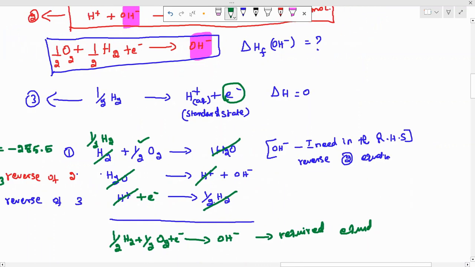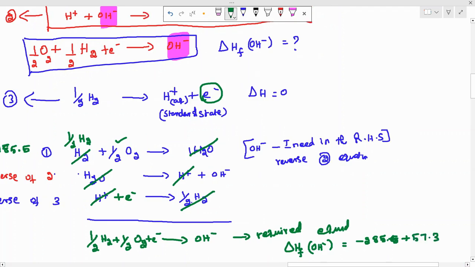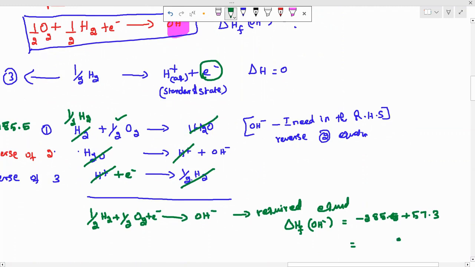For this equation, delta H formation for OH minus will be equal to minus 285.8 plus 57.3. So finally I'm getting minus 228.5.